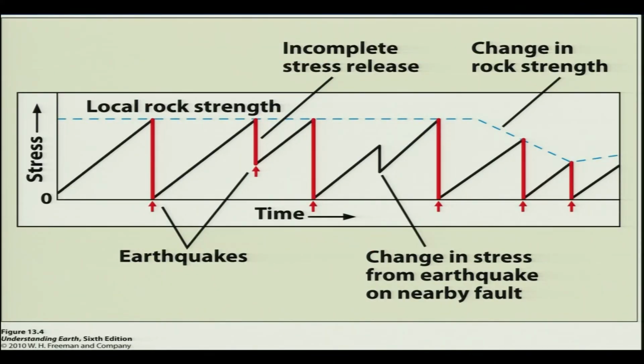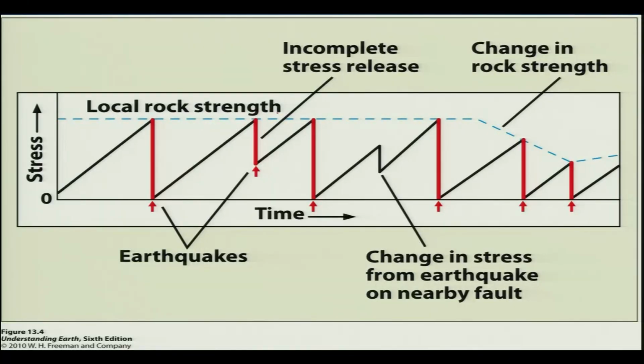But that never happens in nature, because the Earth is a dynamic and complex planet. And the complexity is also in terms of the material of the crust. The crust is not homogeneous.